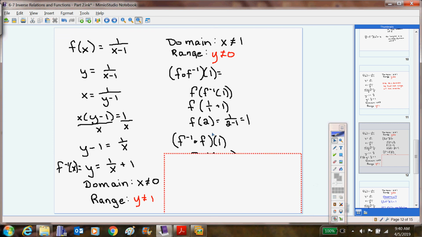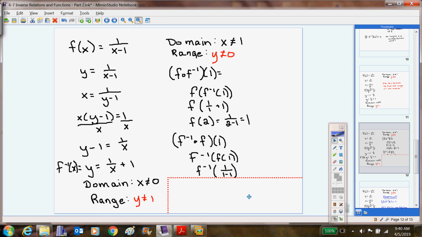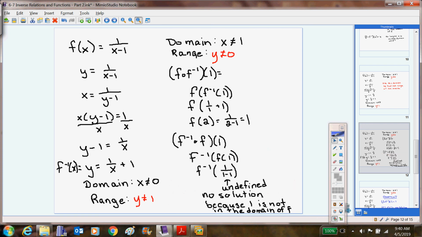Now, when we look at this one, we have a problem. Because if we try to do f of 1 first, we end up with an undefined, and that gives you no solution, because 1 is not in the domain of f.